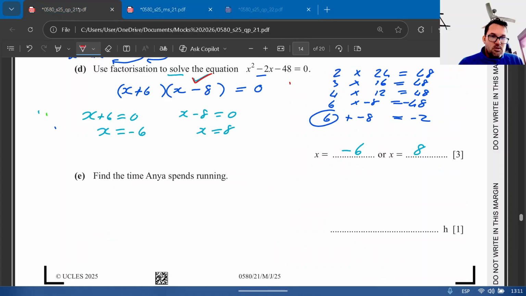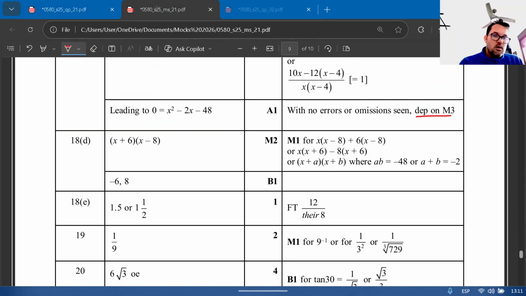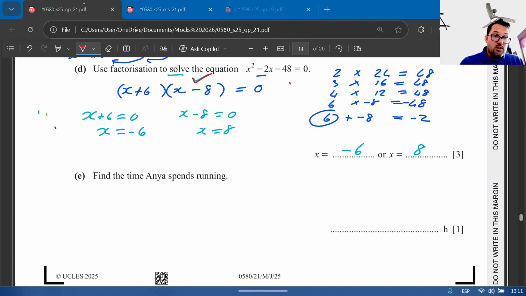Or if you add this together, you get minus 2, so you're going to have like minus 10 and 8. Add them together, you get minus 2. You get a mark there. And then solving. Correct factorization is 2 marks, and then minus 6 and 8 is just 1 mark. So factorization is quite important.